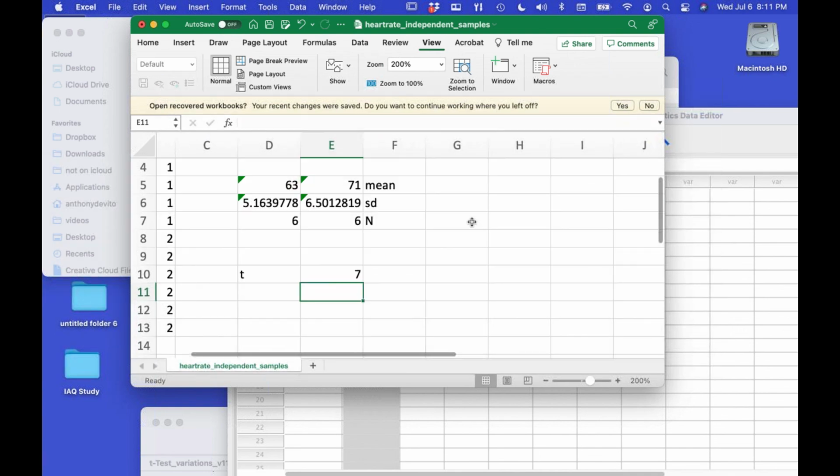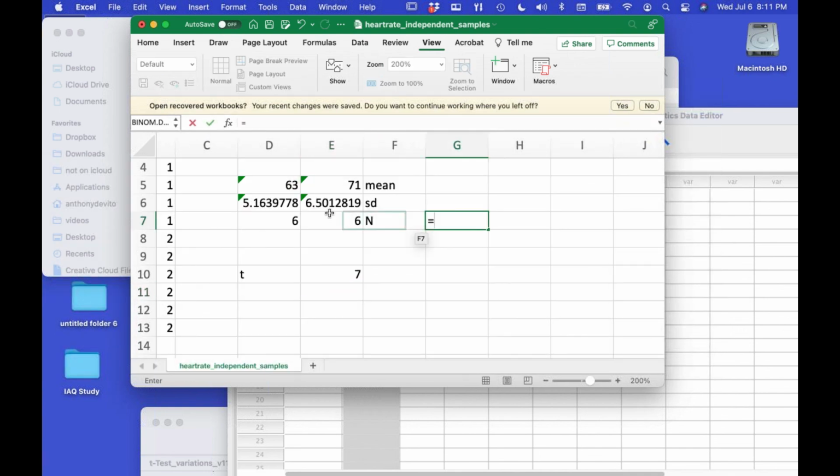Equals this squared, divided by the sample size, which again is 6. So those are my standard deviation 1 squared over n and standard deviation 2 squared over n. Now I'm going to add those two together, equals the sum of those two. Right? I'm going to add them together.